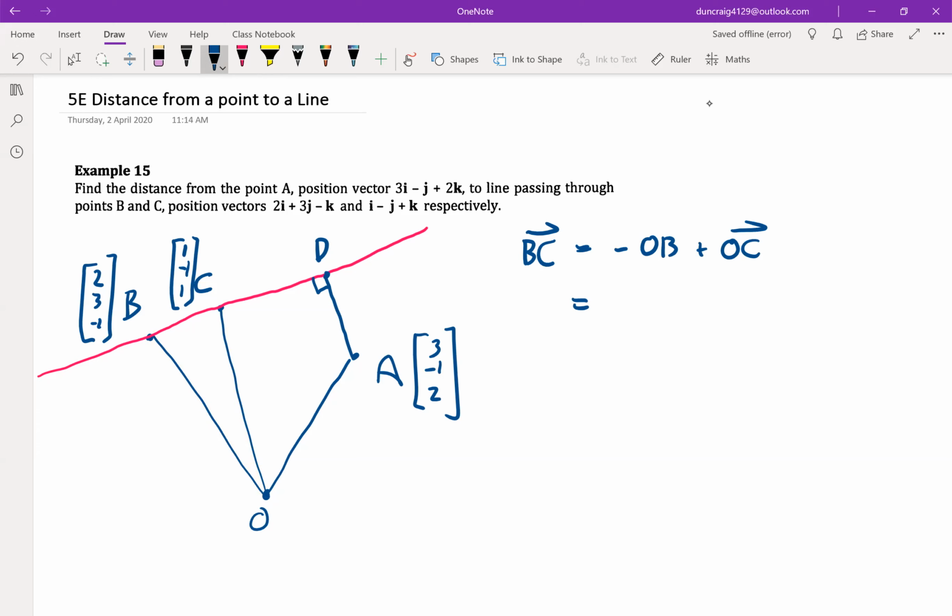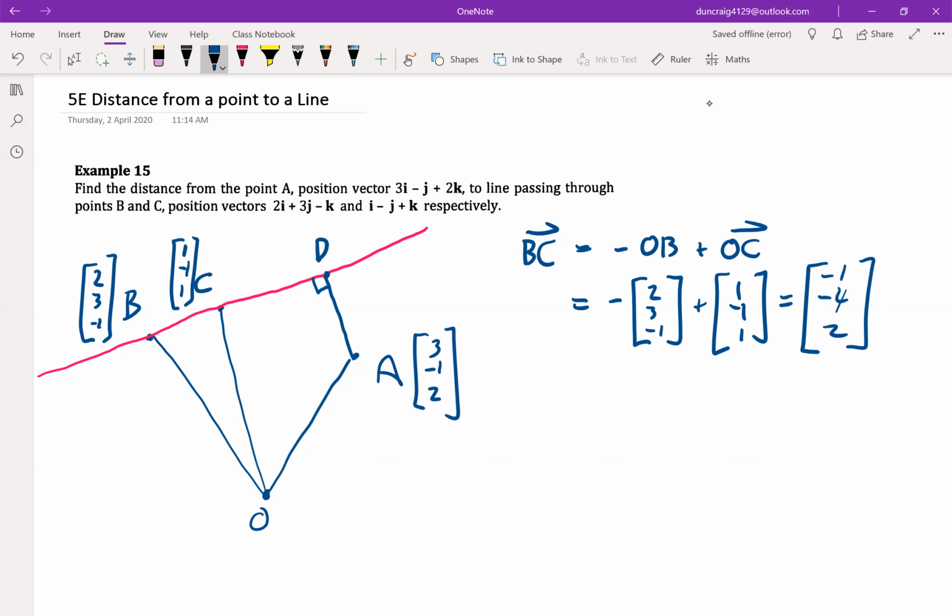So that's just going to be minus 2, 3, negative 1 plus OC 1, negative 1, 1. What does that give us? That gives us negative 1, minus 4, and positive 2 for that there. Okay, so we've done those ones there.